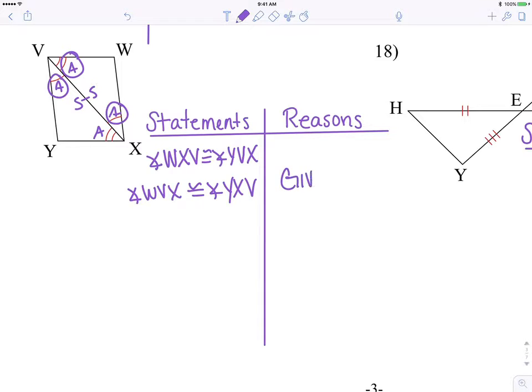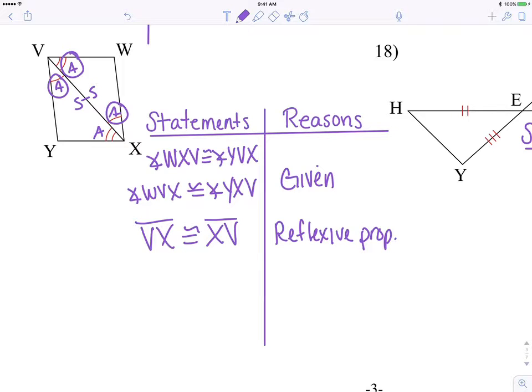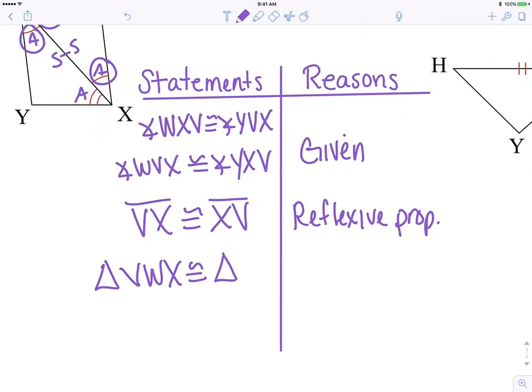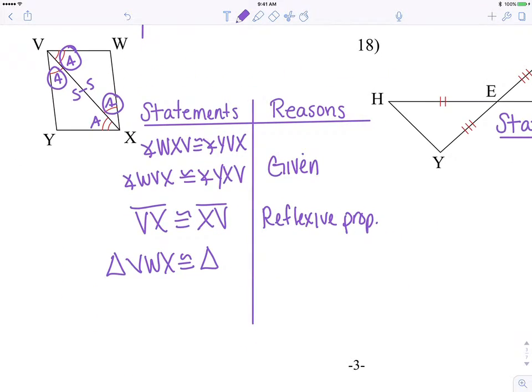And that was what was given to us. What can be easily assumed is that VX is congruent to XV itself. So that's the reflexive property. And finally, now that I have my 3 pairs, I can say triangle VWX is congruent to, V matches with X, W matches with Y, and X matches with V. And that's by angle, side, angle.